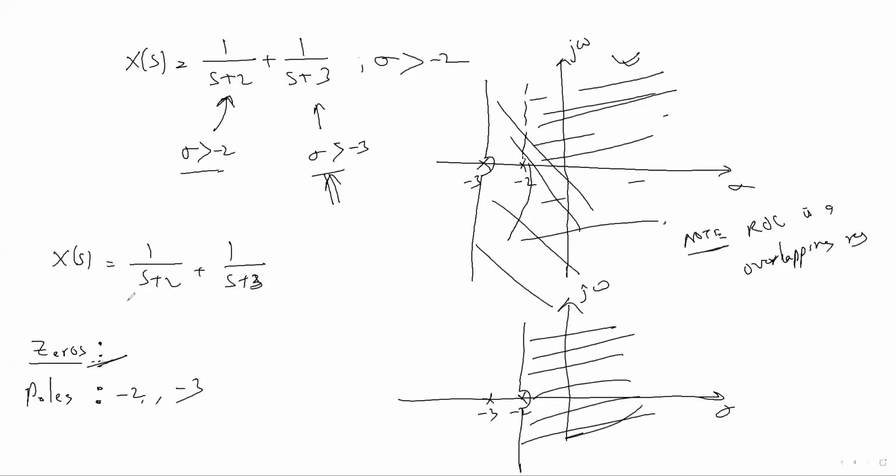So why don't we need to find zeros? Because the ROC should not contain any poles. Understand? ROC should not contain any poles, but it may contain zeros. That is the one point you can remember.